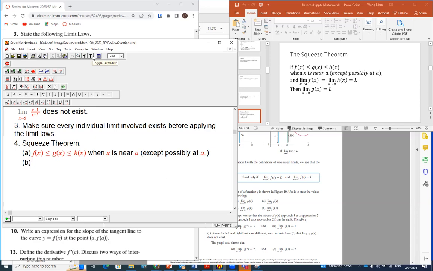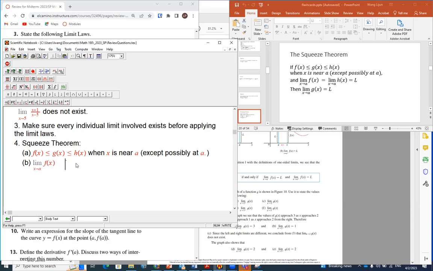Second condition is that there are two individual limits. These two individual limits must exist and be the same. So x is approaching A, right? f of x, the function on top, and the function on the bottom, there's something squeezed in between.